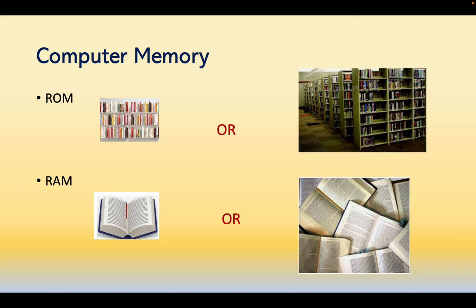Now, for the read-only memory, I'm using pictures here of a library. When we talk about read-only memory and how big the memory is in your computer, you have apps or programs on a computer, which we'll talk about in future classes. But when we talk about the size of a computer's memory, we might think of it in terms of libraries, where you might have, on the left-hand side, 3 shelves, or a massive library with multiple shelving units.